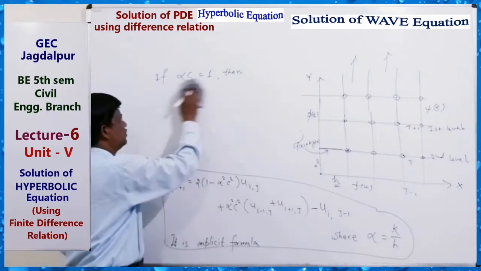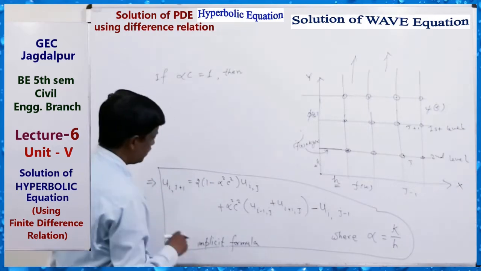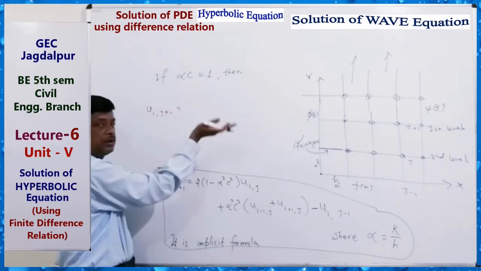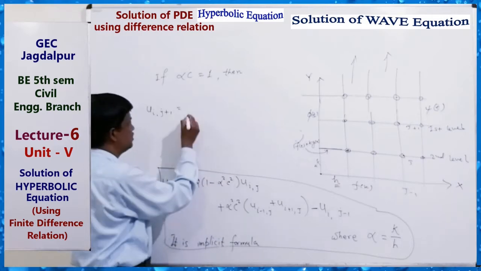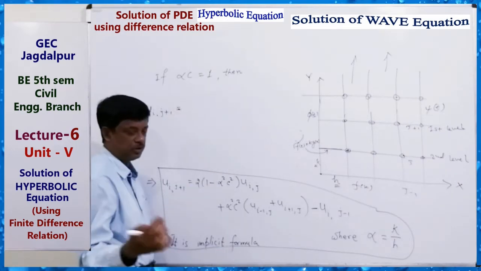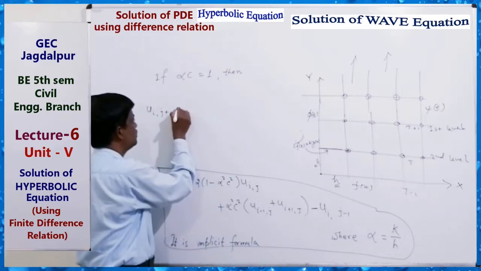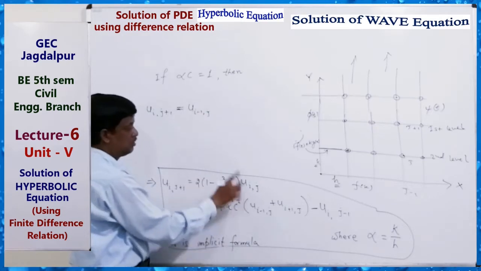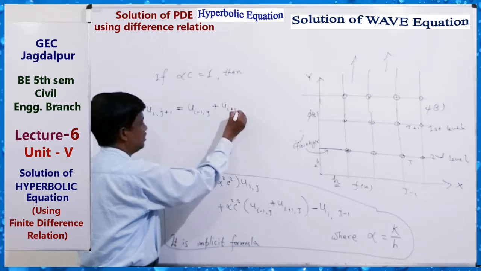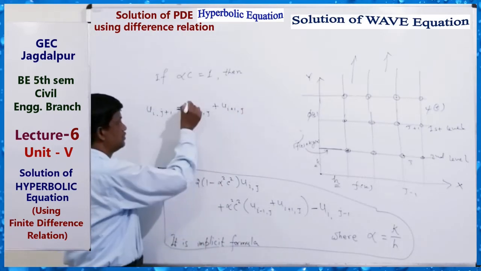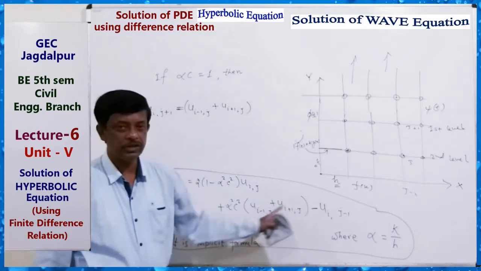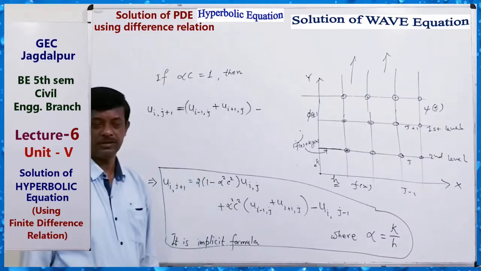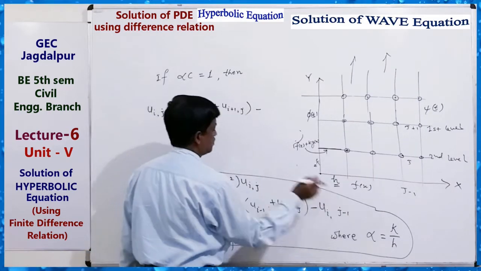So if alpha c equals 1, then we can write the formula. On the left hand side, u i j plus 1, the upper level; this term vanishes, only alpha c equals 1, so we can write u i minus 1 j plus u i plus 1 j, these two quantities, minus u i j minus 1, the j minus 1th level values.